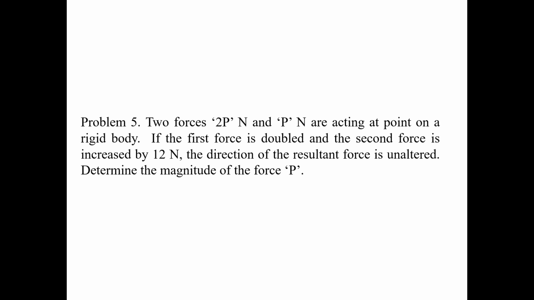That is the clue in this point. In the first condition, first force is 2p Newton, second force is p Newton. Take the angle between them as theta. In the second condition, first force is 4p Newton, second force is p plus 12 Newton. Here also, take the angle between the two forces as theta. Same angle in both conditions.